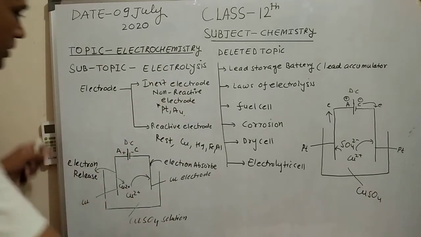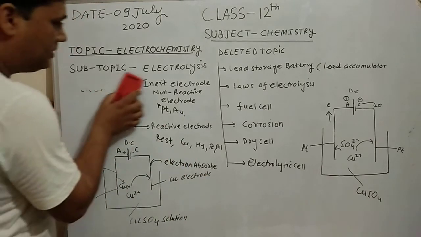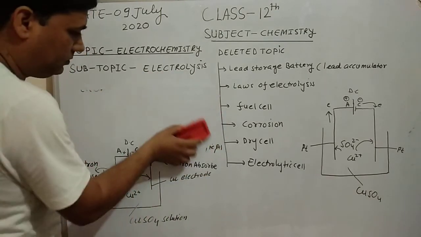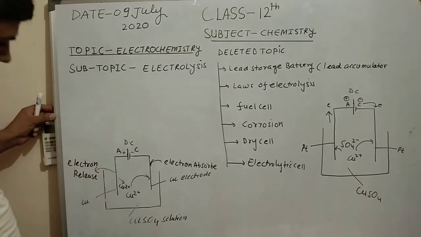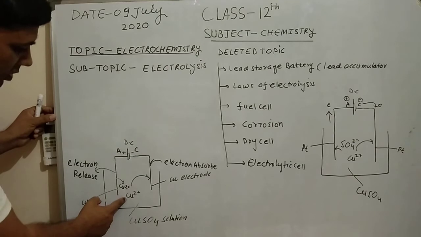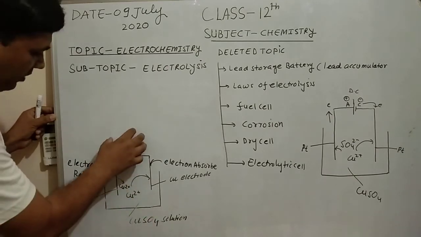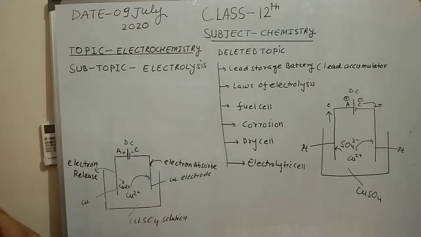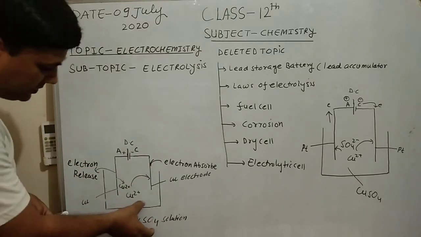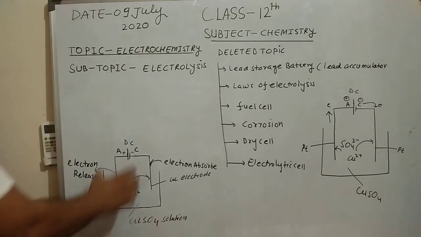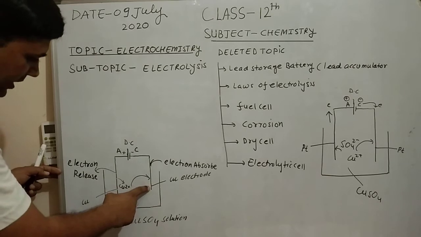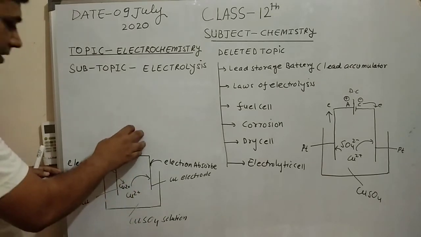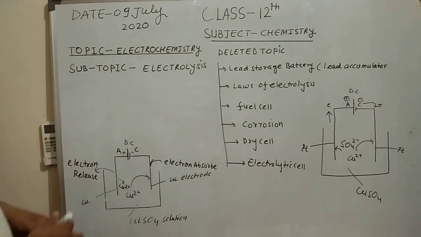So I am going to discuss what is electrolysis. Electrolysis is a process in which movement of ions occurs towards respective electrodes in presence of DC current. For example, when copper sulfate solution is taken in a container with electrodes, one copper electrode and a second also copper electrode, and the current is DC, then what will happen?